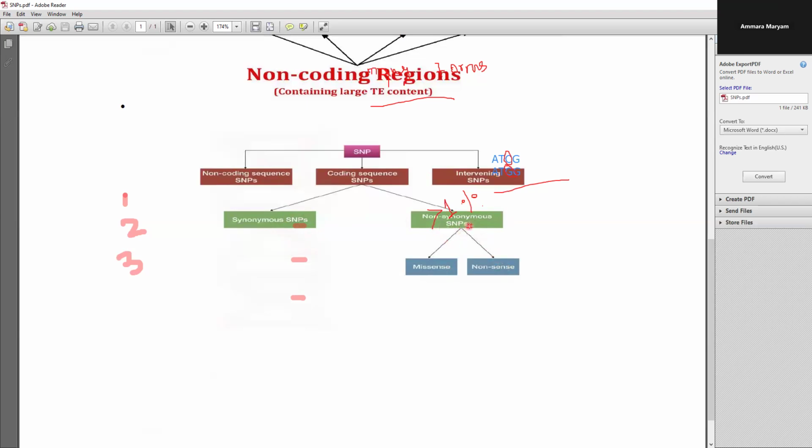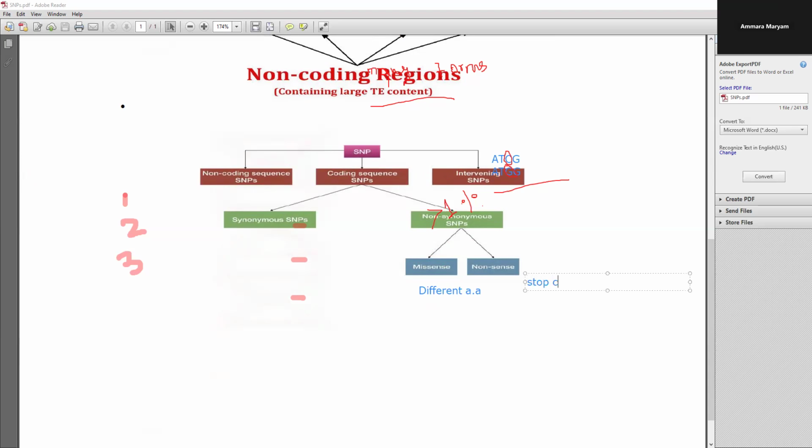Now, these non-synonymous SNPs can be further classified into missense SNPs and nonsense SNPs. When we talk about missense SNPs, they can result in a different amino acid. But a nonsense SNP will result in a stop codon.